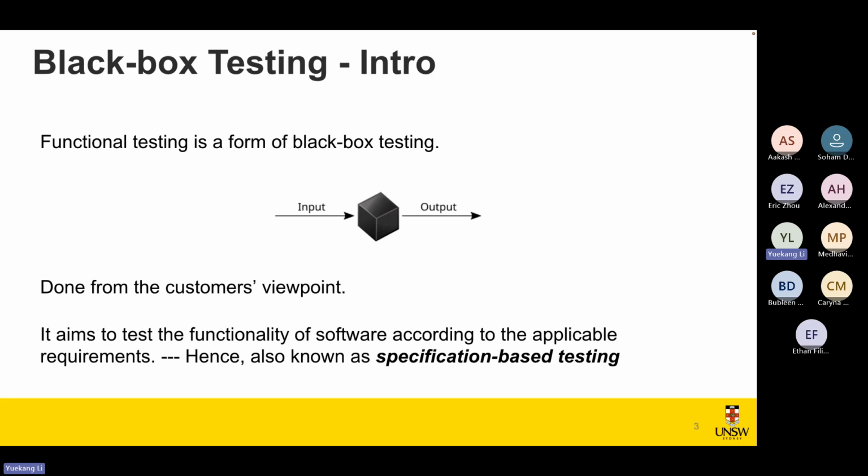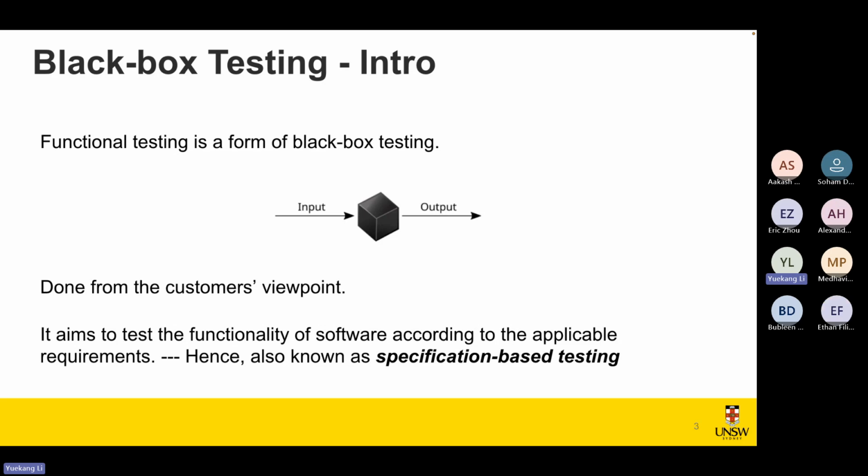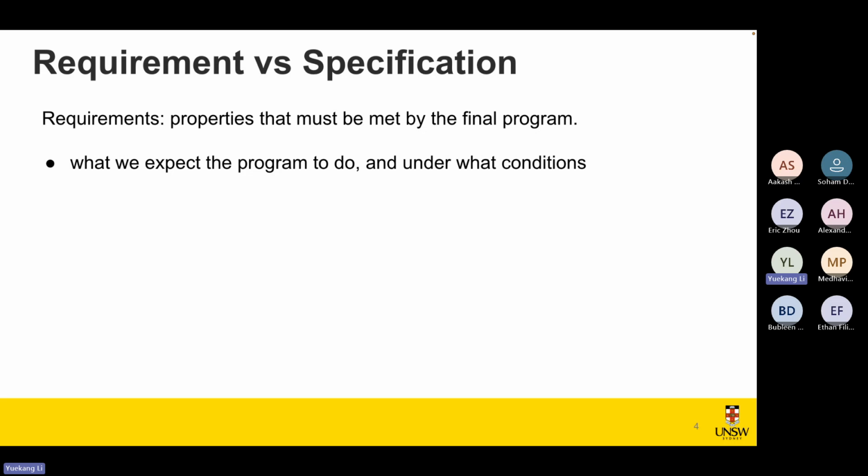It aims to test the functionality of the software according to some requirements or specifications. So it is also known as specification-based testing. Talking about specification, let's try to make things clearer about requirements and specifications. Normally we use these 2 terms interchangeably, but here let's try to make the definitions even clearer. Requirements are the properties that must be met by the final program.